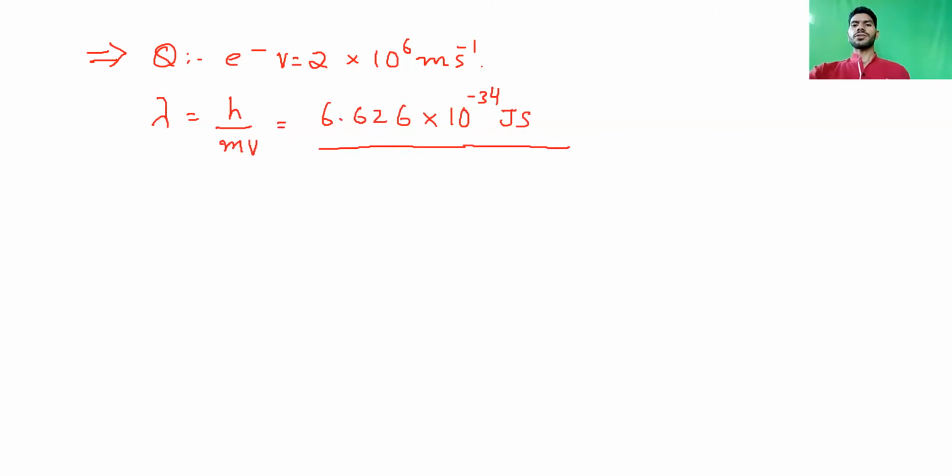What is the mass of the electron? 9.11 into 10 to the power minus 31 kg. And the velocity, I told you, is 2 into 10 to the power 6 meter per second.